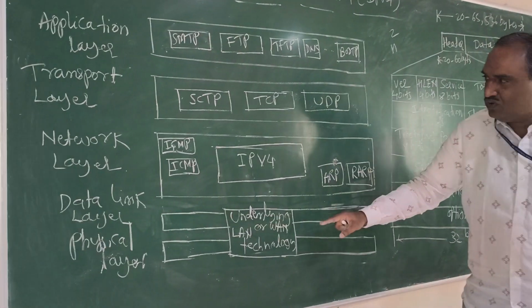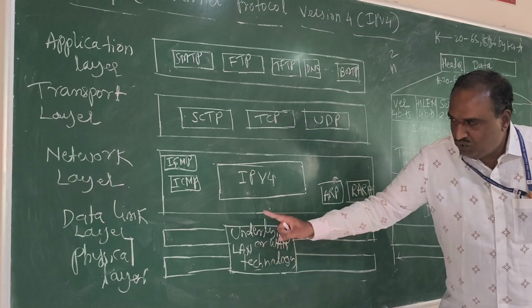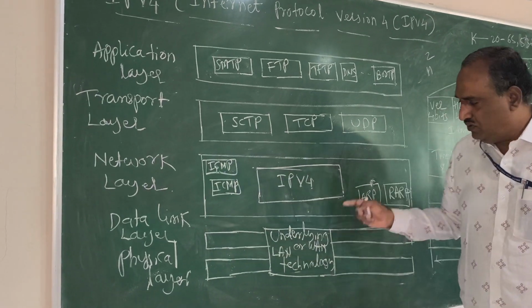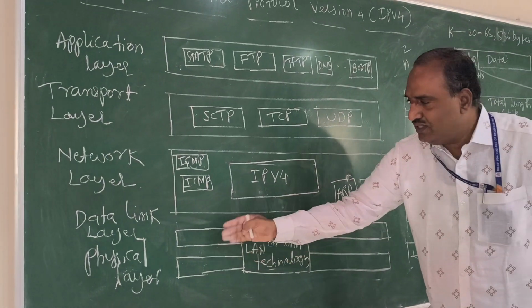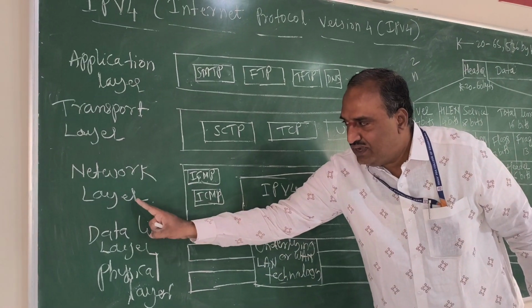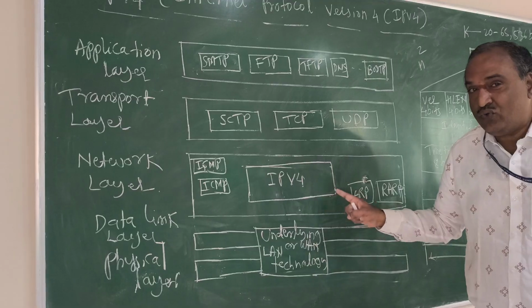Therefore, here these are important. These all are protocols. Here is the physical layer. Here the data link layer, both are combined. But actually they are separate; for our analysis, I am telling you both are combined. Here we are discussing the fourth module, the network layer. It is IPv4. This is a protocol.